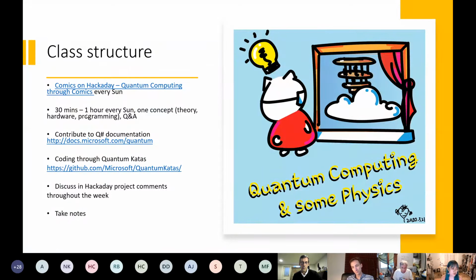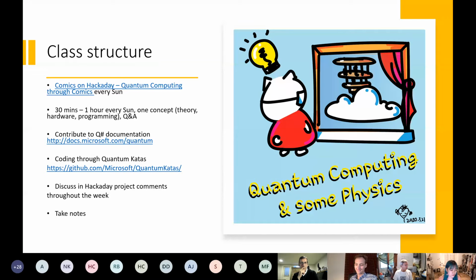And it could be theory, it could be programming. Today we're going to talk about hardware. And thereafter the class, we'll have some Q&A session. We have quite a few community members now working on their respective quantum computing projects who would like to share. So feel free to share that during that Q&A session.